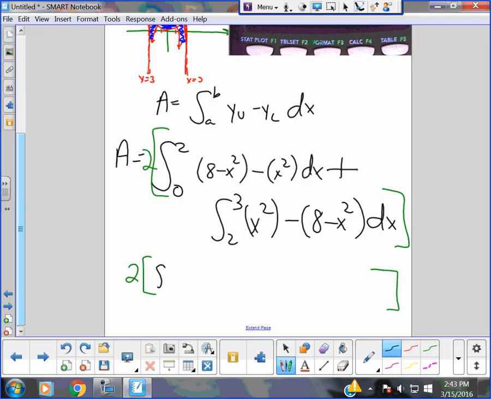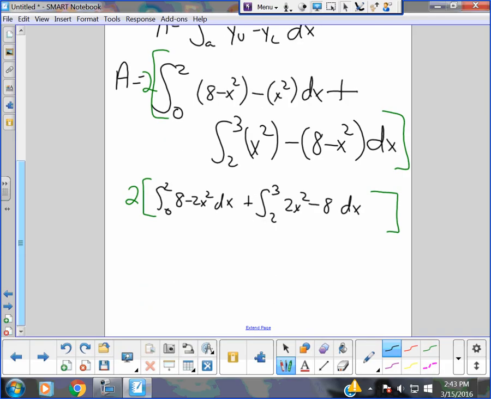First thing I'm going to do is try to simplify these. You guys see it's the integral from 0 to 2 of 8 minus 2x squared dx when you combine like terms, plus the integral from 2 to 3 of 2x squared minus 8 dx. I distribute the negatives to both terms and make sure that I get it. Now I do the antiderivative, and again, I don't trust myself, so I set 2 times.